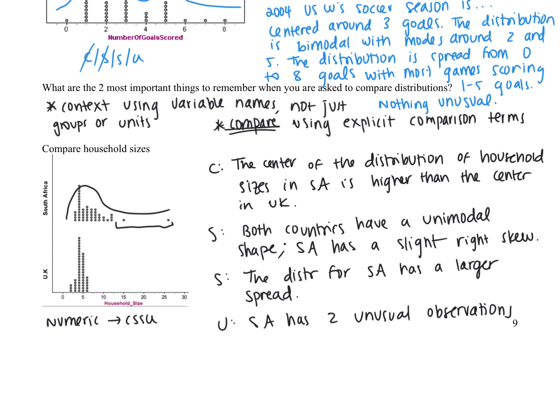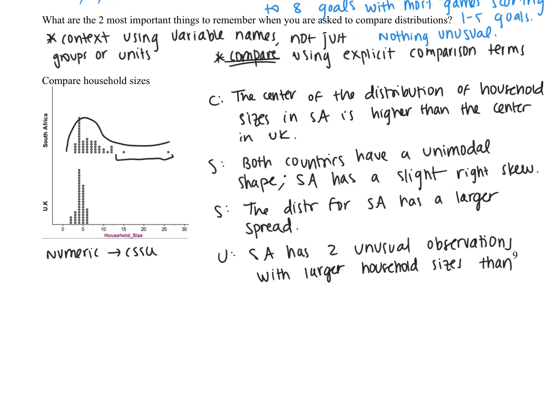So these 2 are unusual because their household sizes are much larger than the rest of the distribution. So there are 2 unusual observations with larger household sizes than the rest of the distribution.